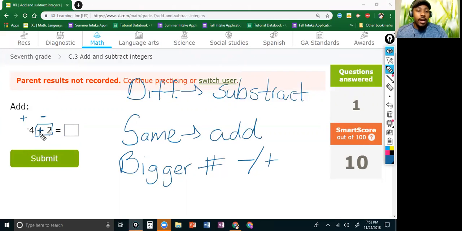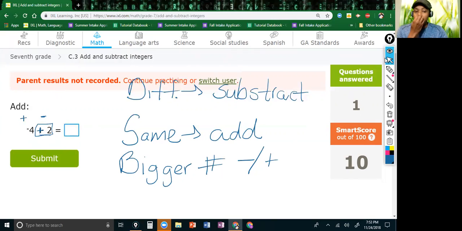So now because we're adding 2, that's also positive. So again, different signs we need to subtract. So here we have 4 minus 2, that's 2. Bigger number gets the sign, the biggest number is 4, so then we have negative 2.